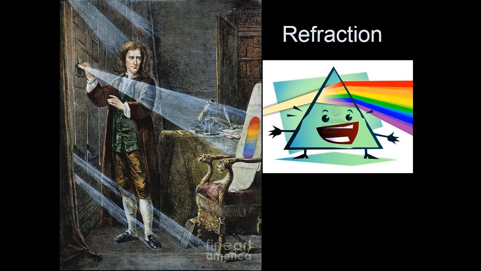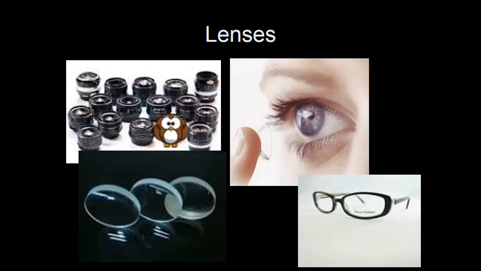Now, this is an interesting idea. We've already talked about the idea that white light is made up of all the colors of the rainbow, but why is it that they get spread out and separated into their different colors when they go through this? So we need to start talking about lenses. Again, keep these things straight, and it shouldn't be too difficult, because you already know a lot of this stuff.